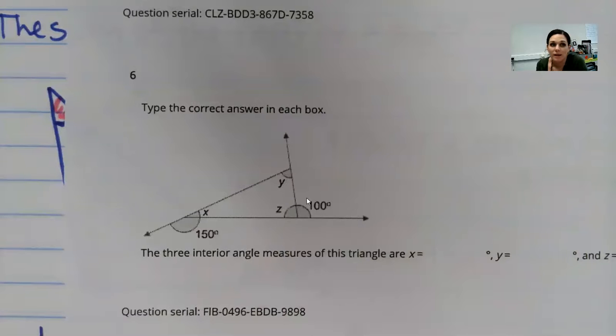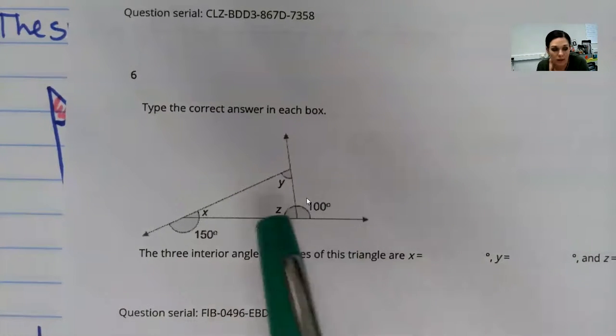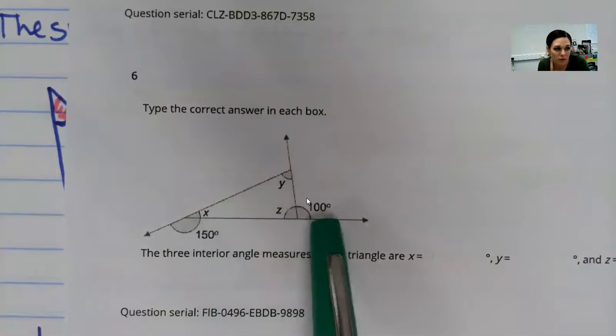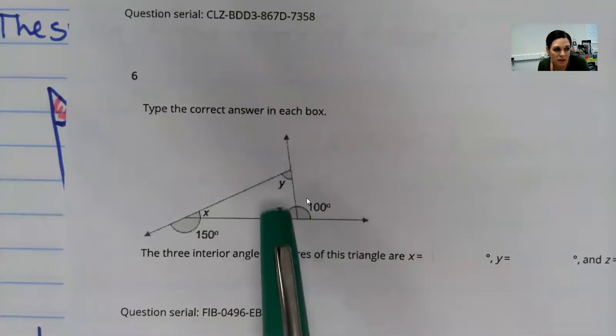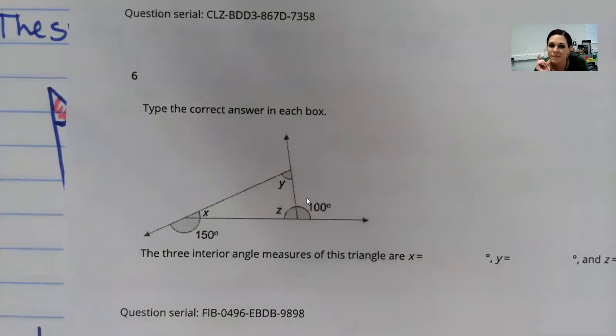Now, these are all the questions from Edmentum, so I want to make sure we're looking at them the way they are wording it. Okay, so I know that X and Y together have to make 100. I know that Y and Z together have to make 150. That's not quite giving me enough information.